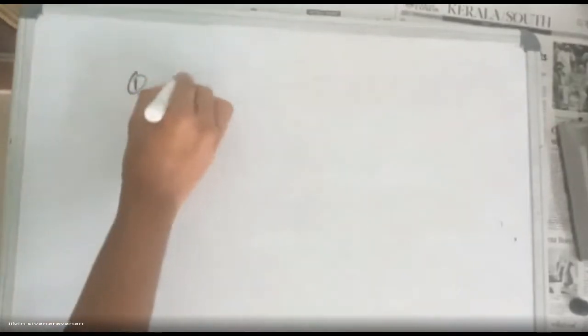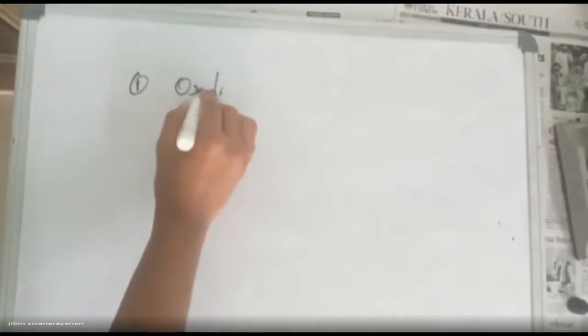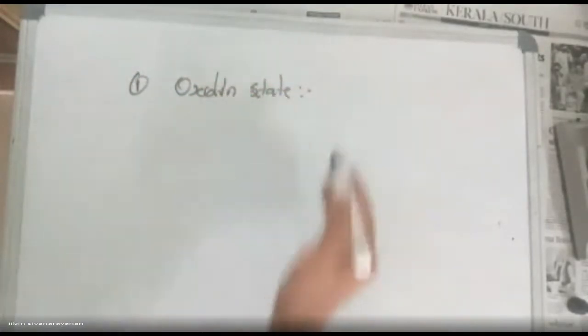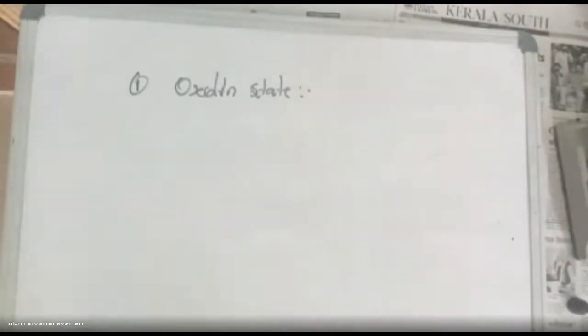Okay. Now, the factors affecting the magnitude of delta. First one, oxidation state of metal ion.